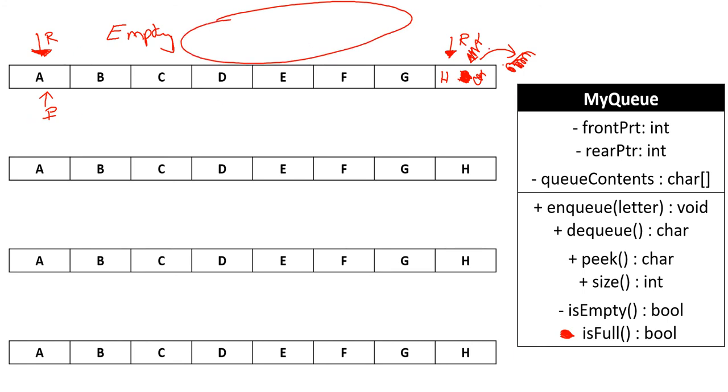In the case of this, we'd also want to check where the front pointer is, so making sure that the front pointer isn't there already, because if the front pointer was there, then we'd end up with an empty queue when it's clearly not empty. In fact, we've just added a new item. So isFull needs to be corrected.